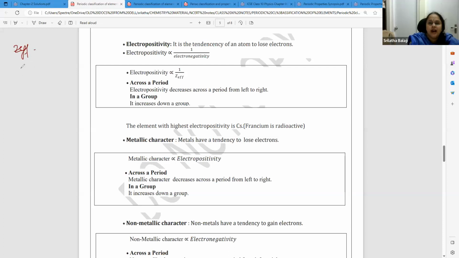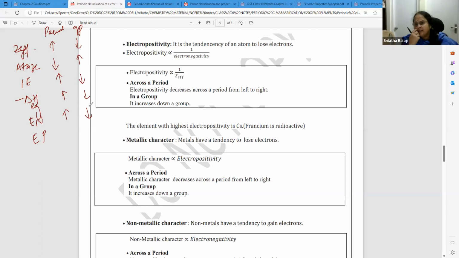Put the list here. Then we have your Z effective, then we saw atomic size, then ionization enthalpy, negative electron gain enthalpy, electronegativity, electropositivity, across the period and down the group. Most of the properties are going the same way as Z effective.